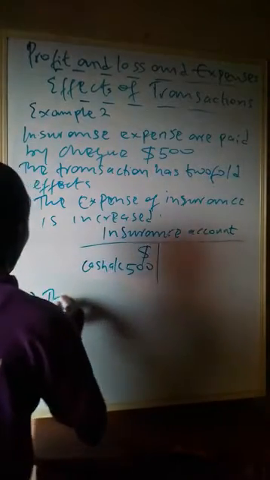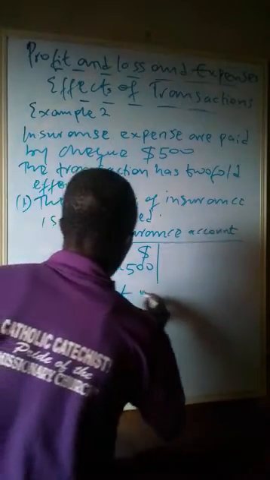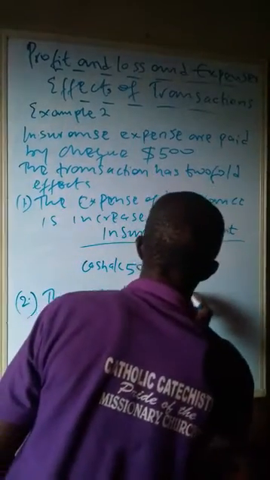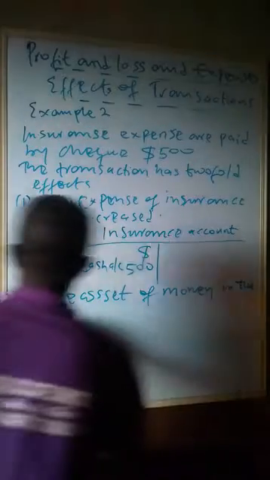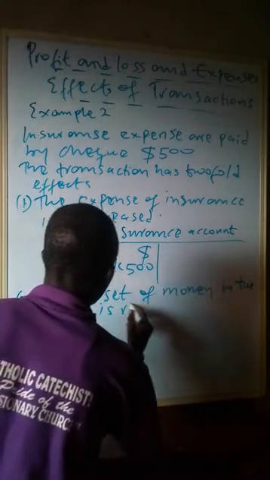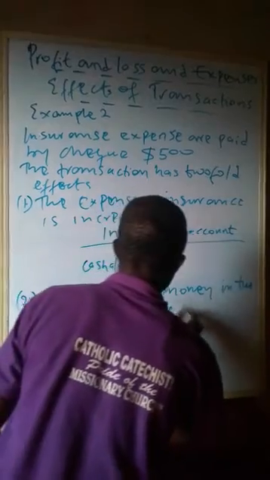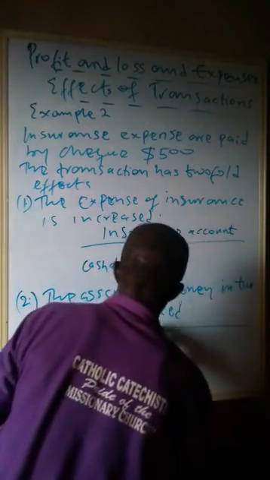What is the second effect? Two, the asset of money in the bank is reduced. And when assets reduce, what do you do?